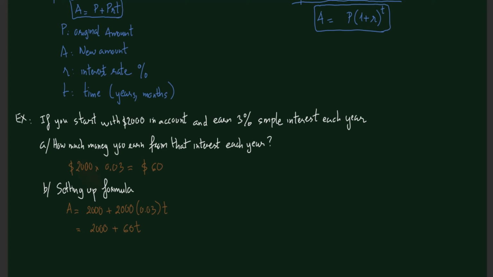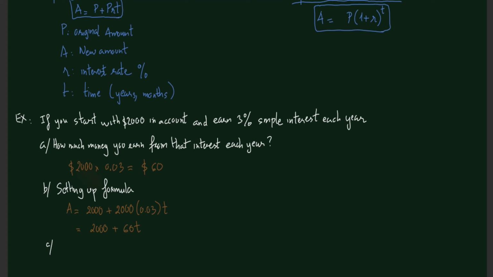Now for question C. They give us a table. This table tells you the number of years they put money in the account.